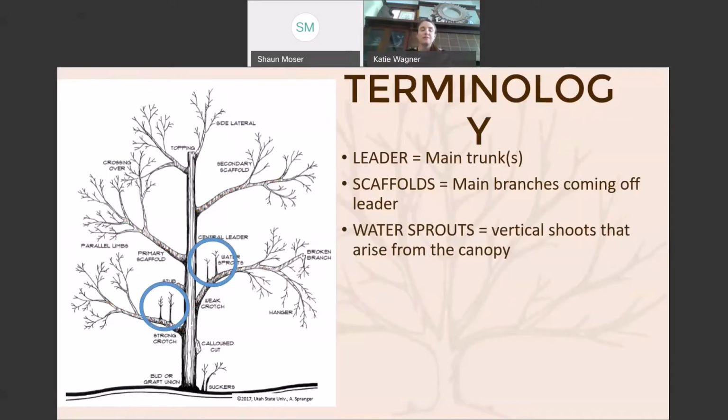Water sprouts, a lot of times people call these suckers. If we have this upward growth, this vertical growth that's happening in the canopy of the tree, the technical term for it is a water sprout. This is really important for fruit production, that water sprouts tend to grow leaves. They do not bear fruit.